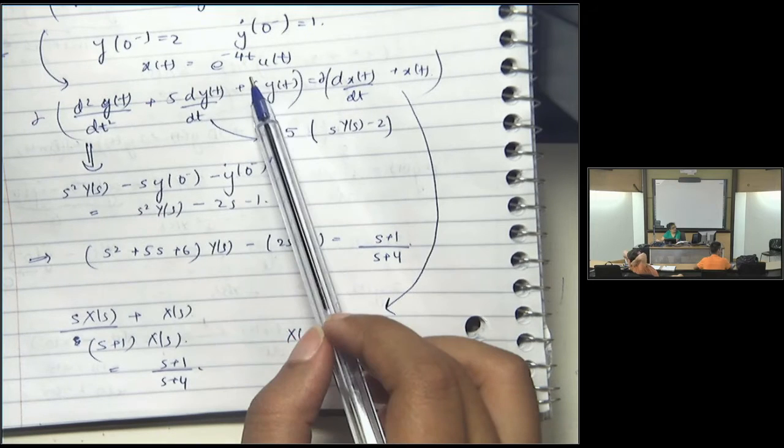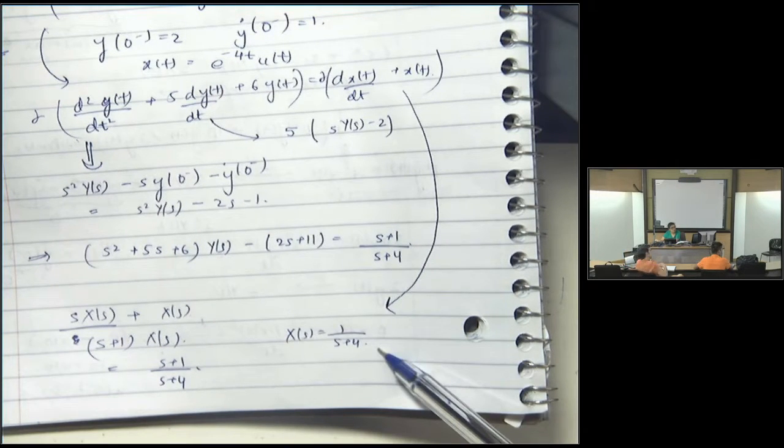So I take the Laplace of this, and that's how I get 1 over (s plus 4). So I get (s plus 1) over (s plus 4). And then you go into the standard form.